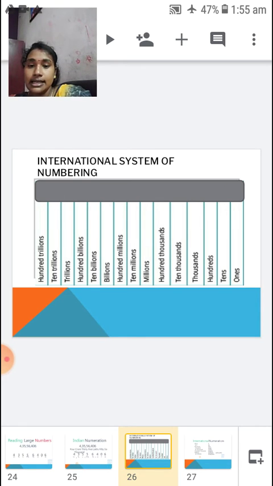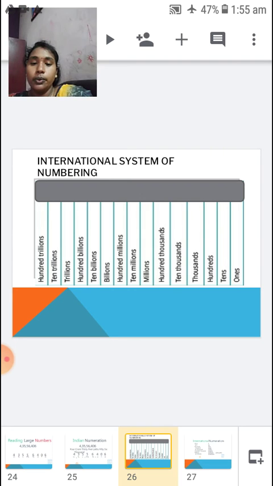The next thing is we don't have new words such as million, billion and trillion; instead we have lakhs, crores, etc. And in the international system of numbering we have another important factor, that is we insert commas after 3 digits.